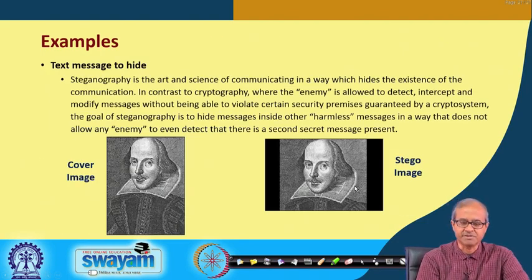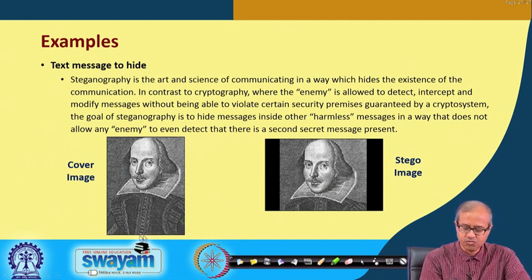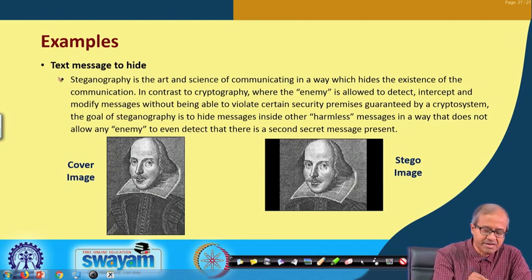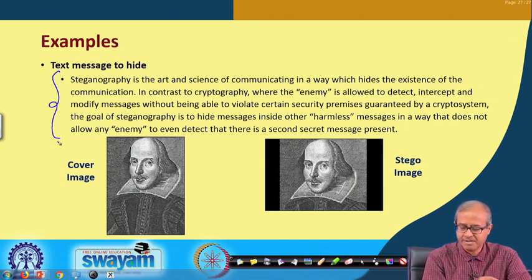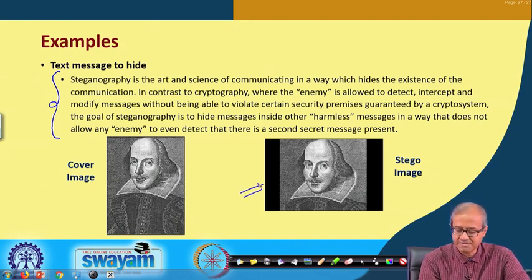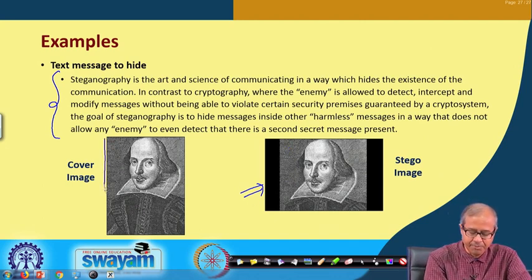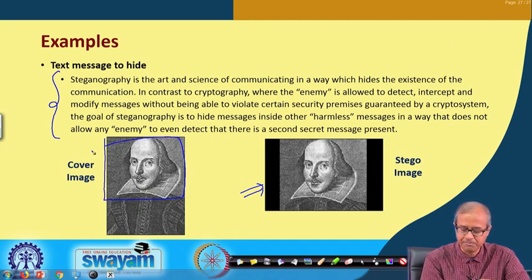Let us take some examples now. You see, this is a picture which is the cover image, and inside that cover image this entire text is hidden, and a modified image is also generated. Of course, you can generate the whole image also, but here only a part is shown.